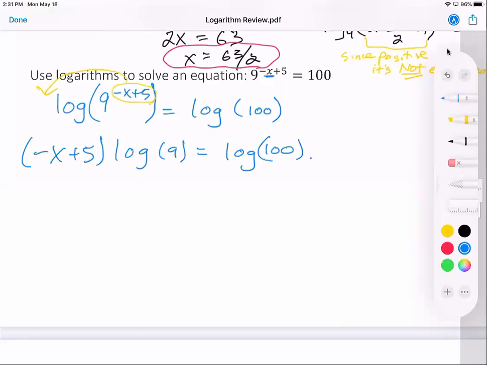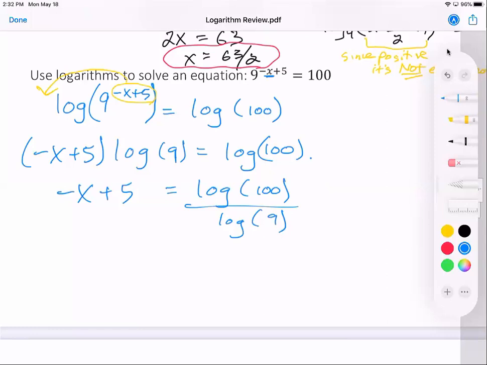And then we just do a process of isolating the x. So let's divide both sides by log 9: log 100 divided by log 9. And then maybe we'll get that number in our calculator. Log 100 is 2, since 100 is 10 squared.